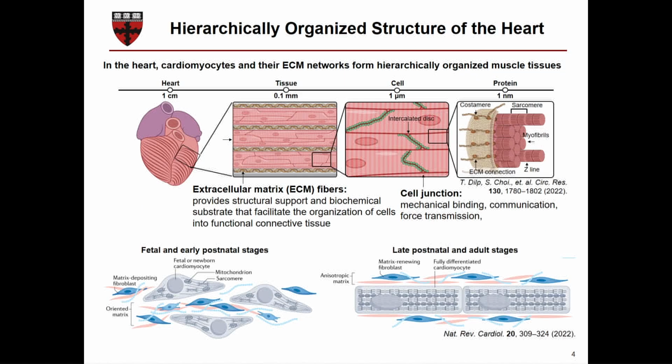To build this cardiac model, we need to think about how the heart is formed. In the heart, there is a hierarchically organized structure. When we look at it closely, there is an anisotropic extracellular matrix, a fibrous-shaped network. This provides structural integrity to the heart.